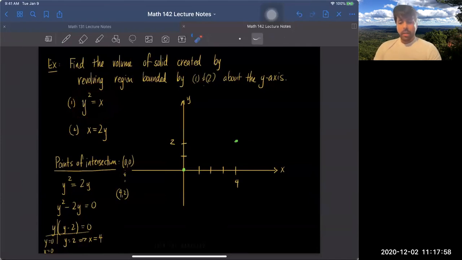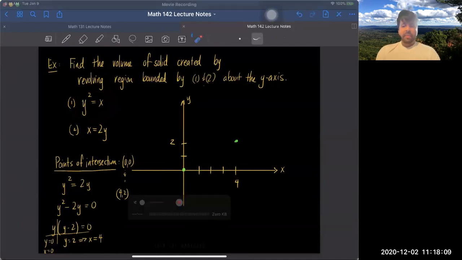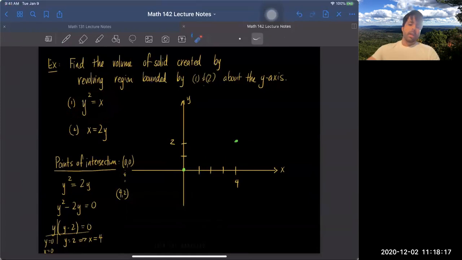What does that look like? It is going to be a parabola, but where is it opening up? Is it opening upward, downward, to the right, or to the left?